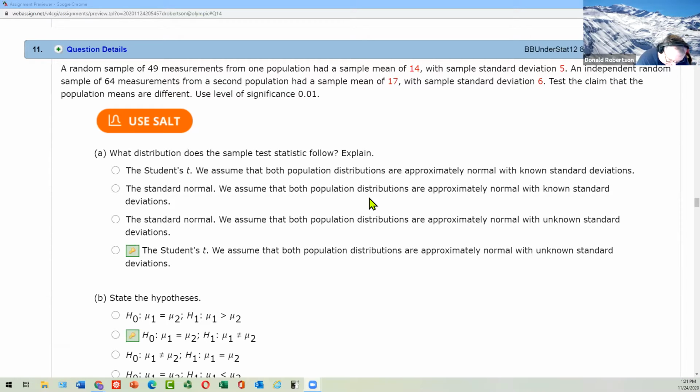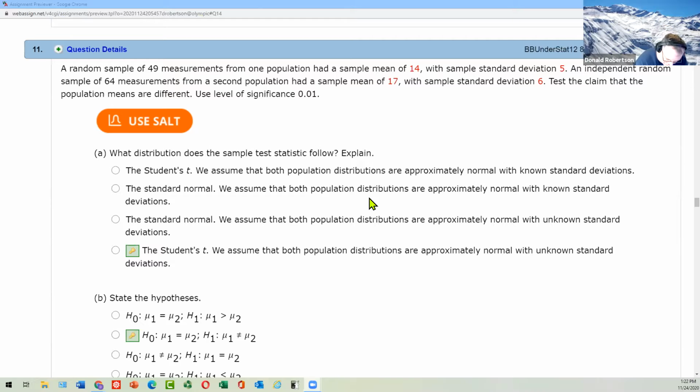There are 49 people in that sample. And the mean from that sample was 14. And the standard deviation from that sample was 5.